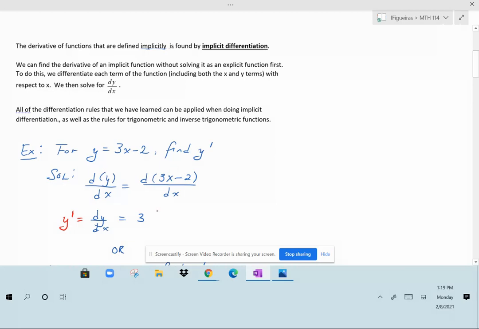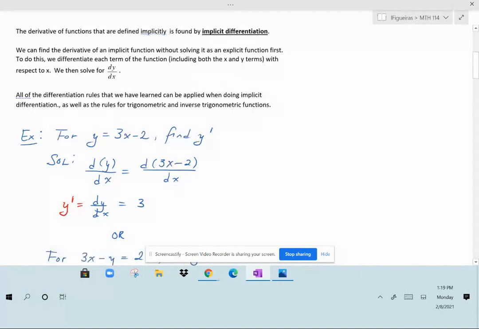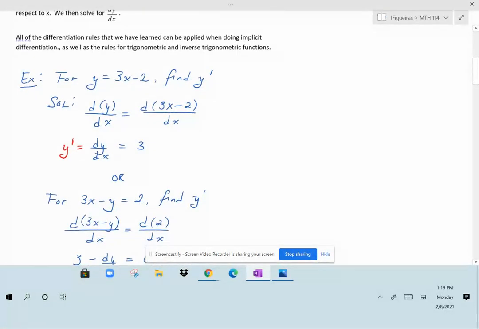The derivative of 3x is 3, and the derivative of minus 2 is 0. So 3 plus 0 gives me a derivative of 3. So y prime or dy dx is 3.